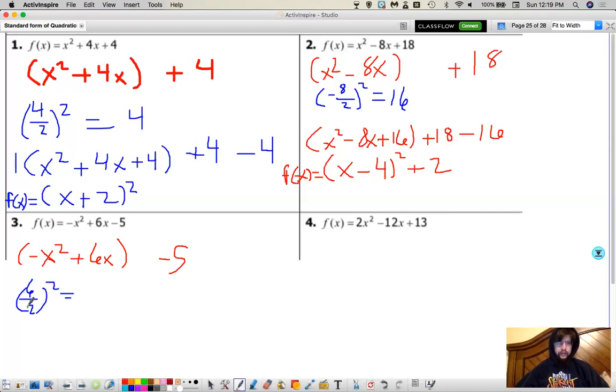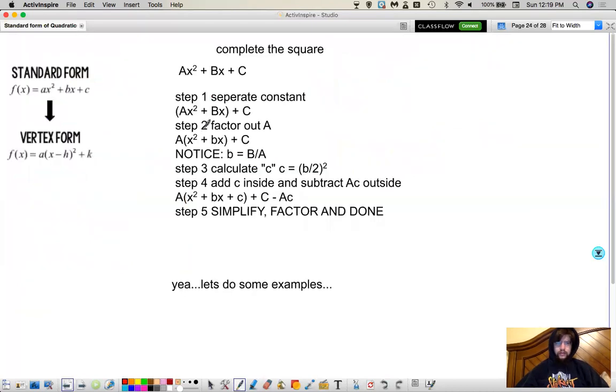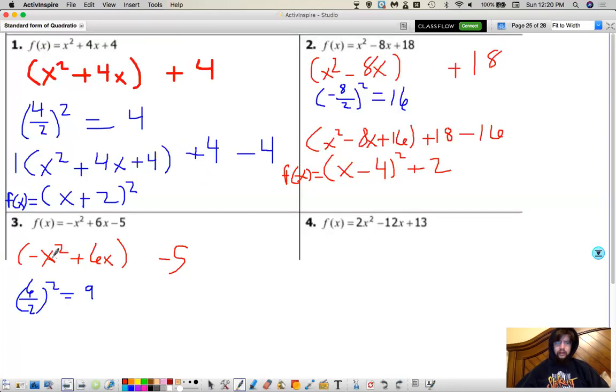Gives me 6 divided by 2 is 3. 3 squared is 9. Oops, what did I do? Remember, we got to factor out a. Look at that. A is not 1 in this case. So that's where the difference is. People, before you do anything else, make sure you factor out a.